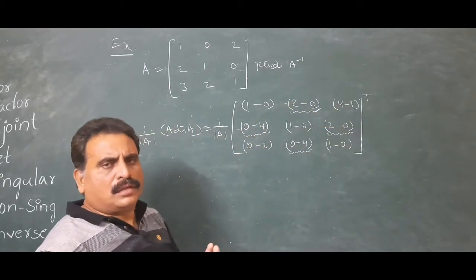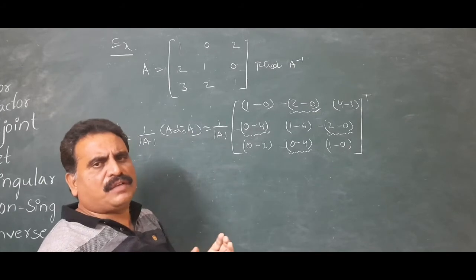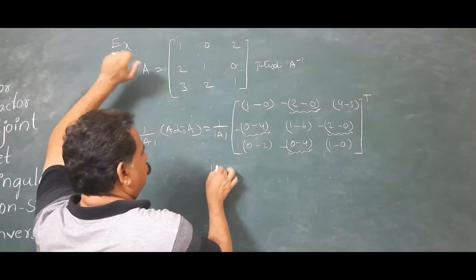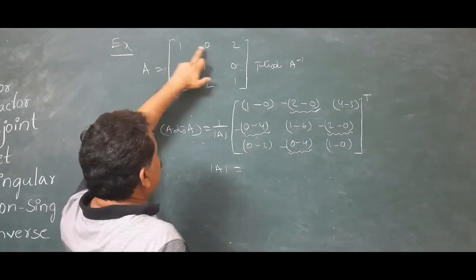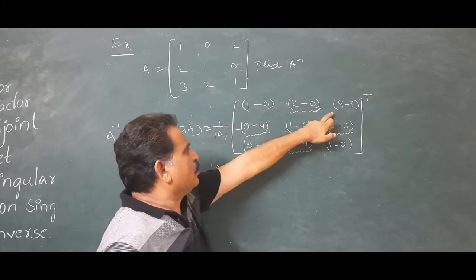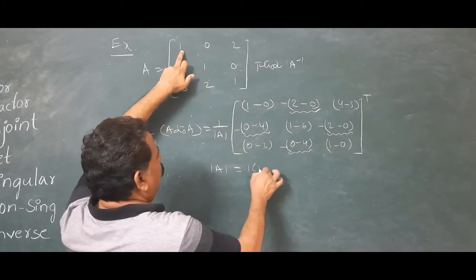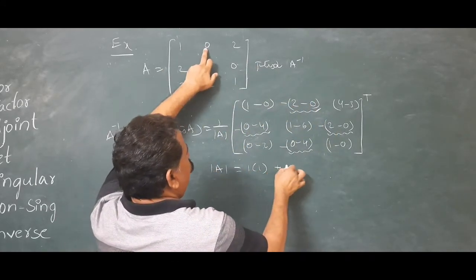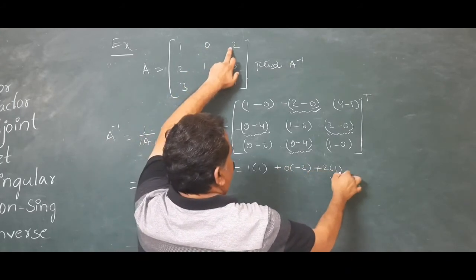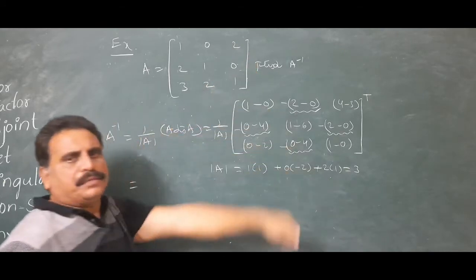Determinant is the sum of the products of the elements with their cofactors. Here det A equals, first row 1 0 2. First row cofactors are these. So 1 into 1, next plus 0 into minus 2, plus 2 into 1. So we get 3. That is det A.